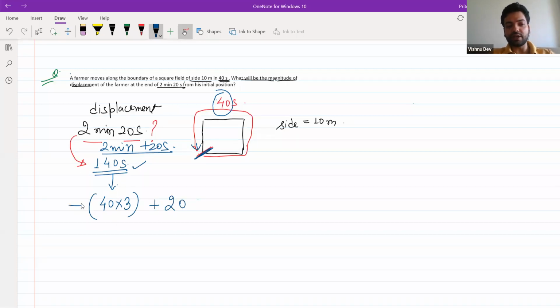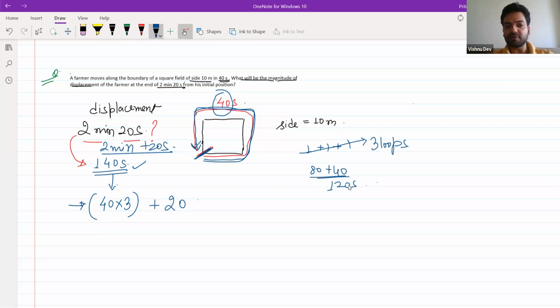If this is difficult to understand, you can just count: in 40 seconds the farmer completes one loop, in another 40 seconds one more loop, so the time spent till now is 80. In another 40 seconds, one more loop. So the farmer completes three loops and the time required is 120 seconds.